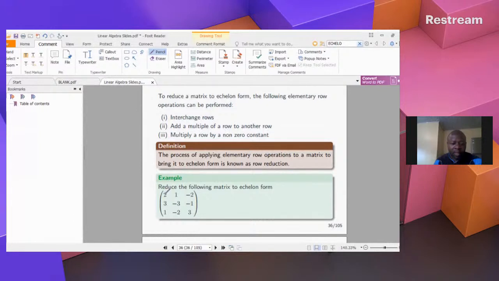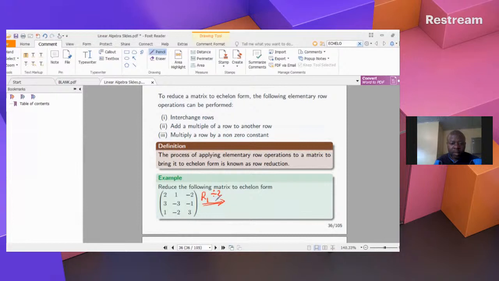So let me first of all make it 1. I want to make the leading entry here be 1. To make that leading entry 1, and I'm supposed to write my steps, I'll take the first row and divide it by 2.